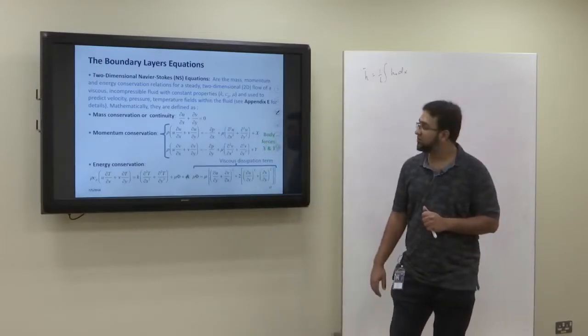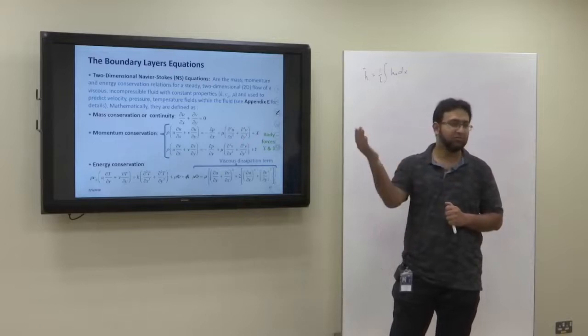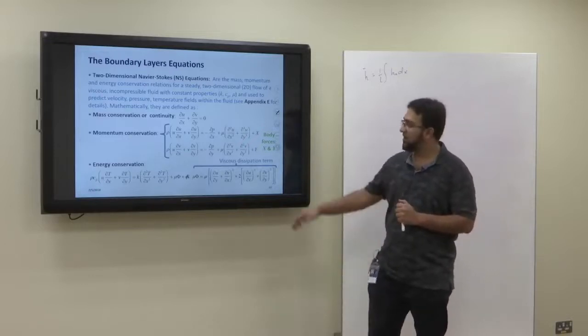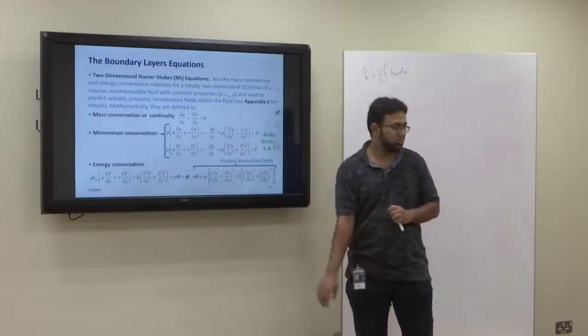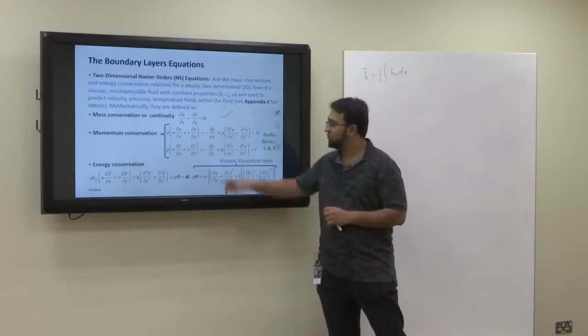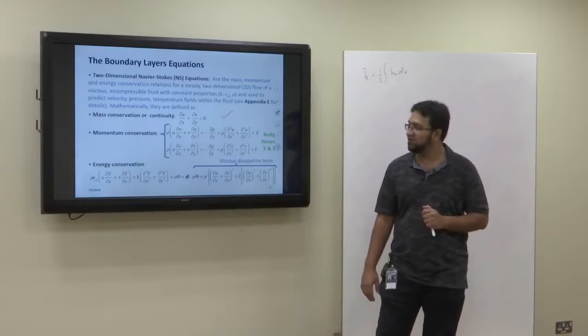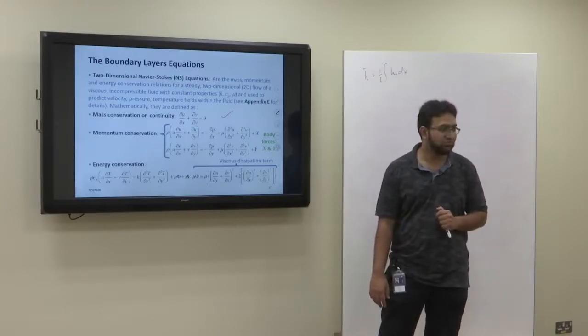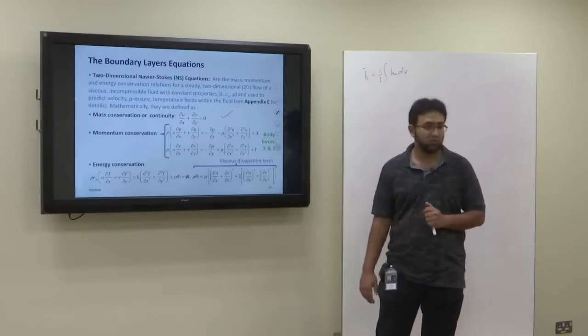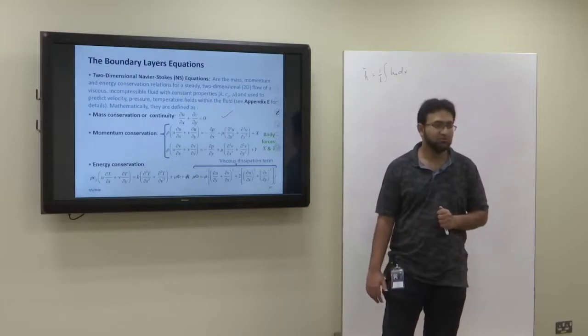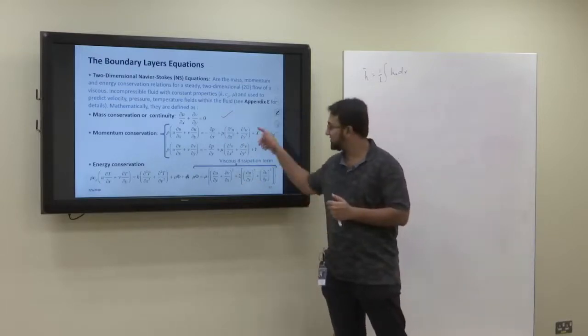Whenever we have fluid flowing, we develop the mass conservation or continuity equation. Then you have the momentum conservation equations, x momentum and y momentum.